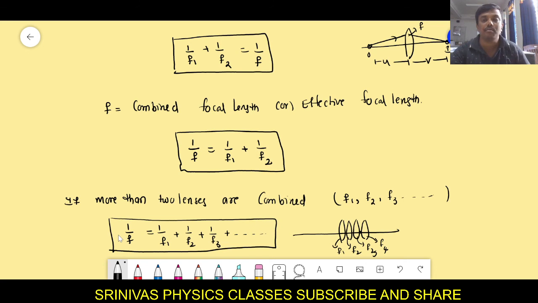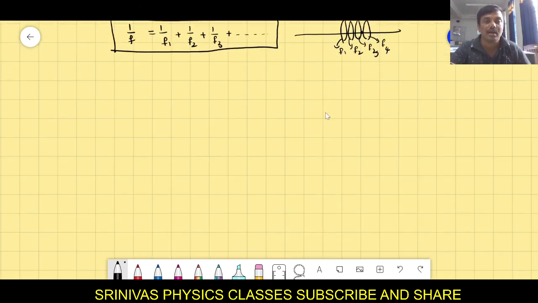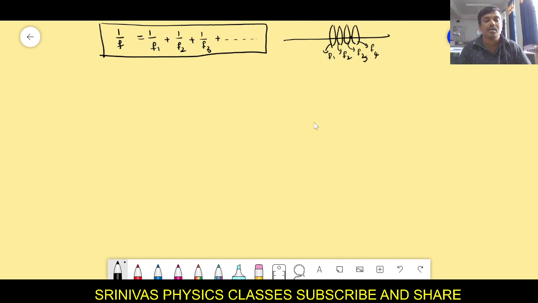Then if you want the power, combined power, right? The first lens has the power p1 and the second lens has the power p2. Then what is the power of a lens? Power of lens means it is the reciprocal of focal length.